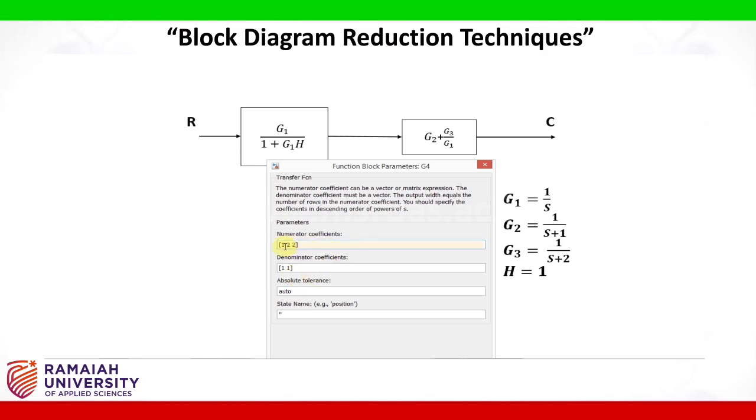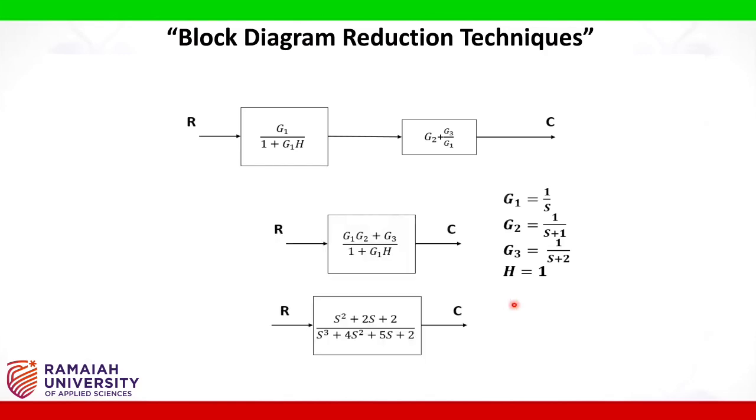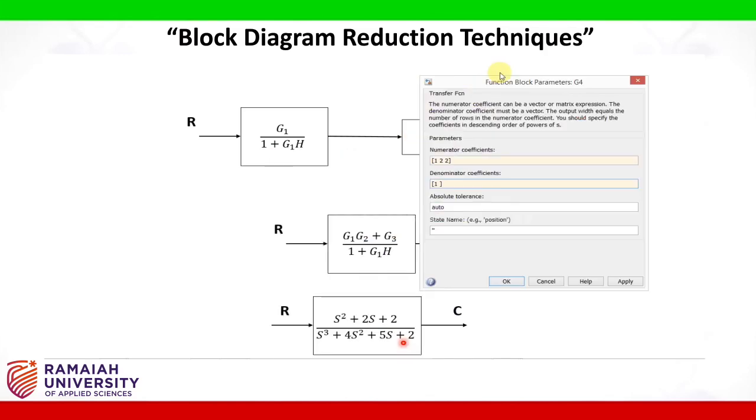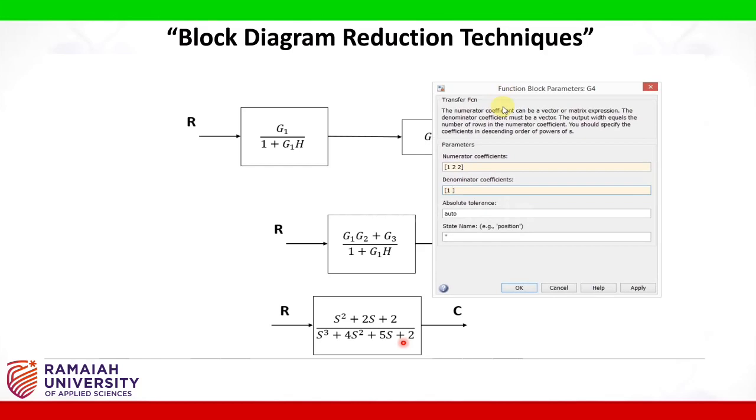Now the denominator coefficients are 1, 4, 5 and 2, that is 1 space 4 space 5 space 2. So the numerator and denominator coefficients are done. Apply, OK.